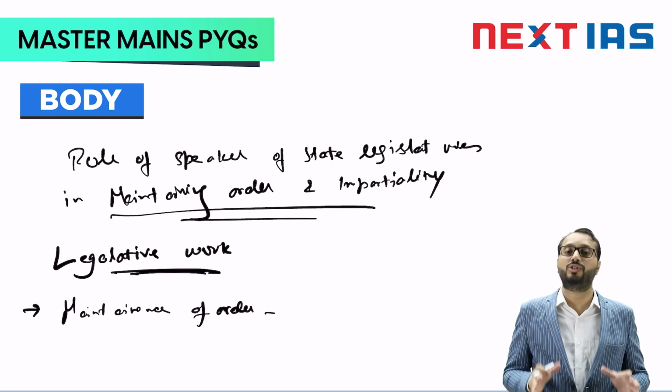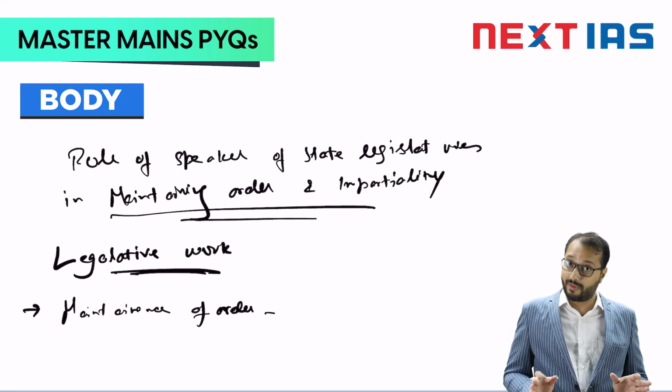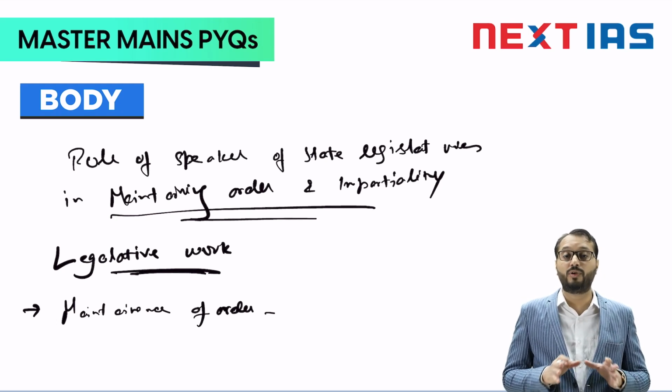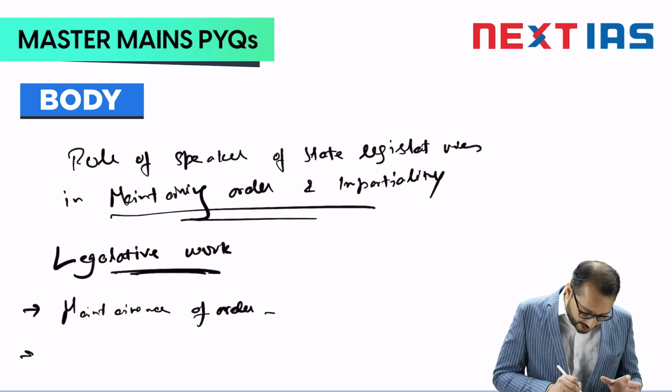In order to ensure parliamentary decorum in the house, they have the power to suspend the MPs. They have the power to take action against MPs to ensure that the proceedings of the house are not abruptly disrupted, right. So that is the first power that you can highlight.